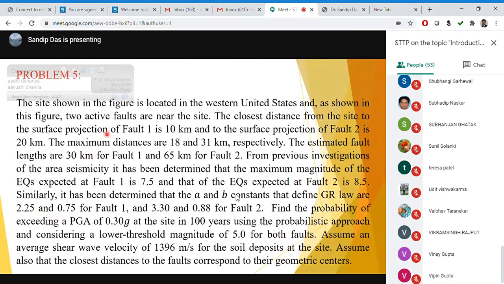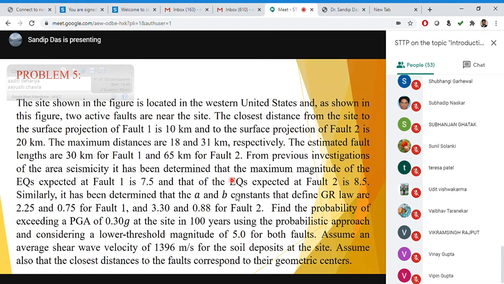Now this is given, and also you see they have given the background seismicity. The background seismicity basically means this GR relationship. They have also given the magnitudes, because you will use them in your attenuation equation. Distance is also given, which you will also use in your attenuation relation.